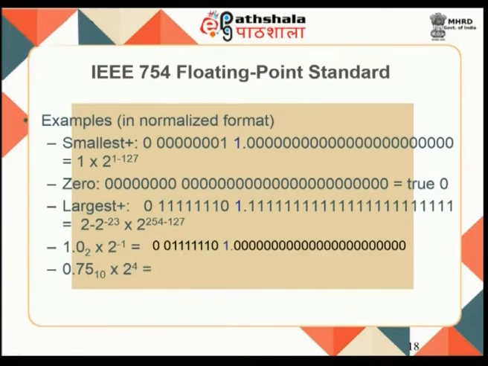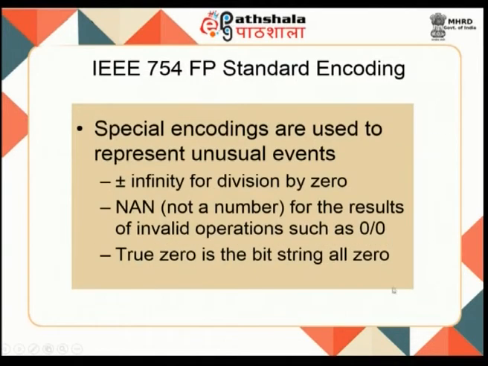So, minus 1.0 into 2 power minus 1 is represented this way, and 0.75 into 2 power 4 is represented this way. Now, apart from the normal representations, you have a range of 0 to 255. Out of that, 0 and 255 are used for other reasons, and only 1 to 254 are used for normal representations. The other two representations are used for special encoding.